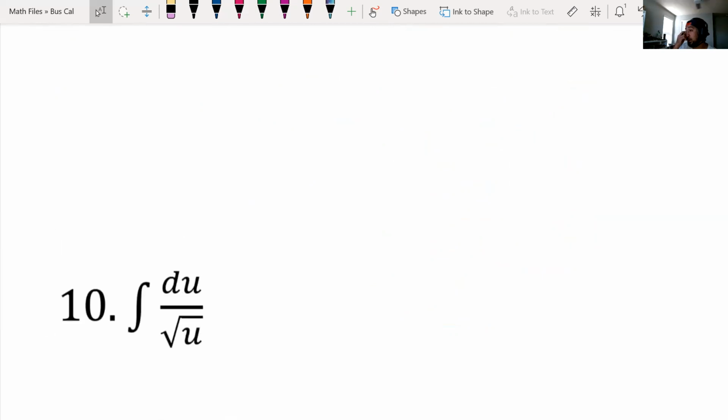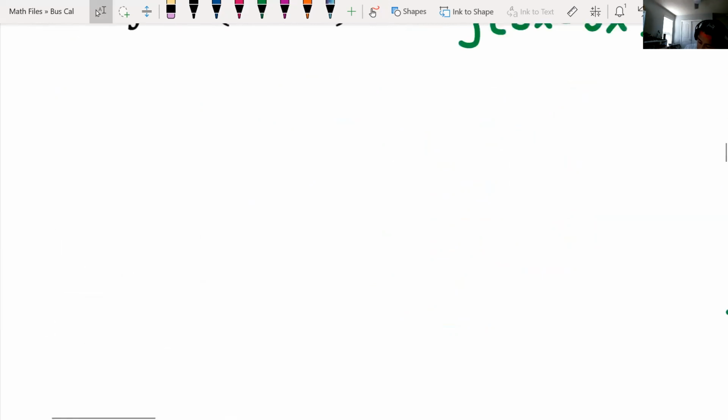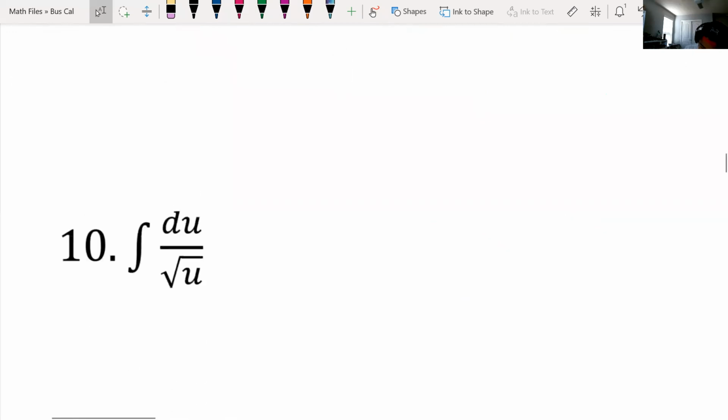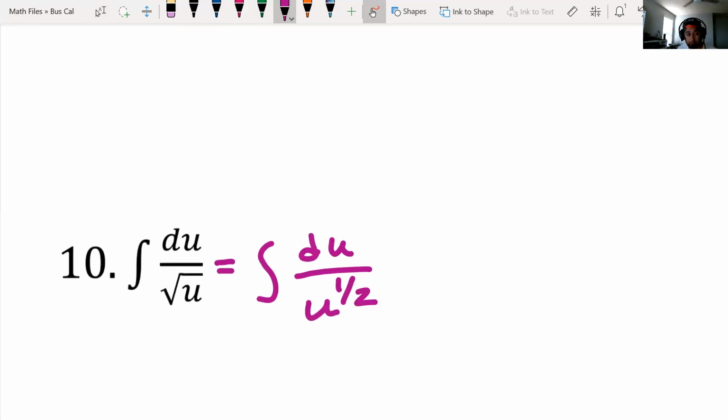All right. 10. Integral of du over the square root of u. So we have some fixing to do before we find the antiderivative. So the first thing we're going to do is rewrite this as the integral of du over u to the 1/2.